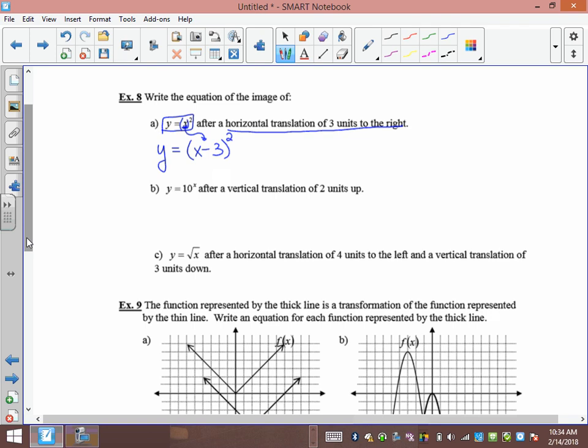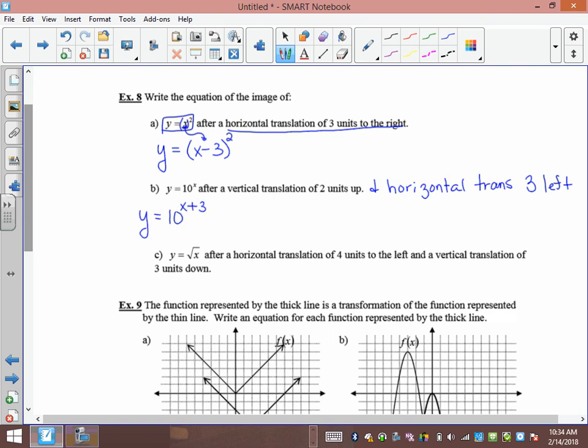So this one, if we had a horizontal translation, it would be up here with the exponent. So I'm going to add to this. I'm going to say and a horizontal translation 3 left, just to prove a point. Okay, so we're going to have y equals 10 to the x, 3 left. So what's it going to be? Plus 3.